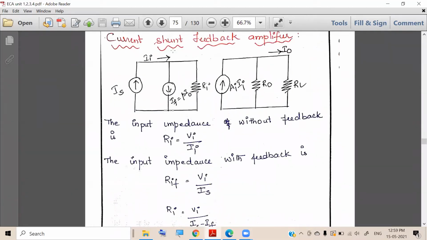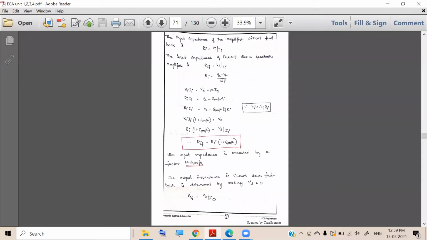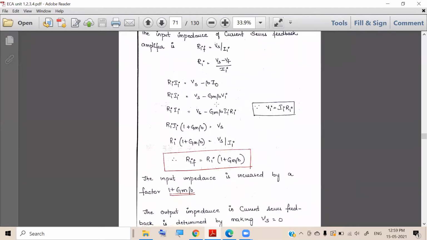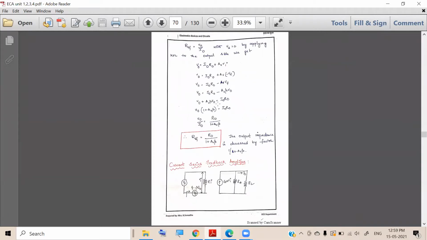The simple trick we can use is: series connection, resistance increases; shunt connection, resistance decreases. I repeat, series connection, resistance increases; shunt connection, resistance decreases. Based on this, before deriving, we can guess the expressions. If it is increasing, multiply by a factor of 1 plus the gain into beta.